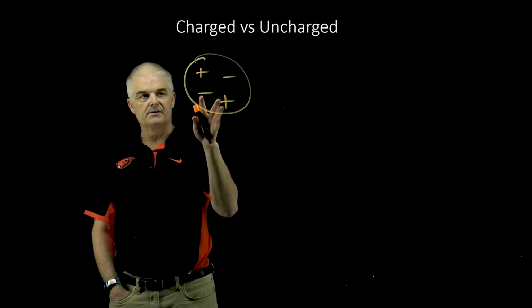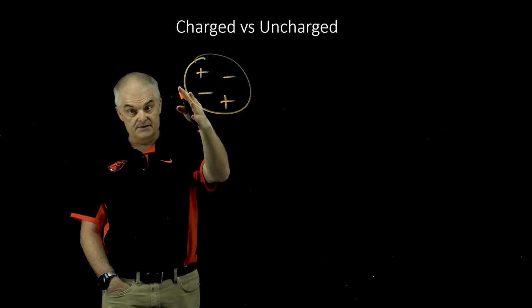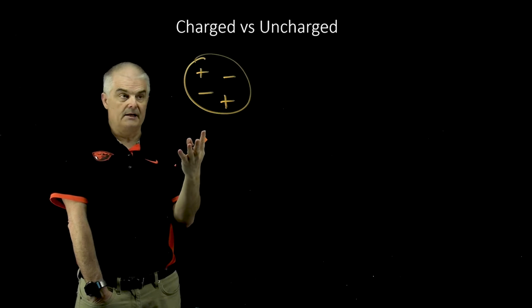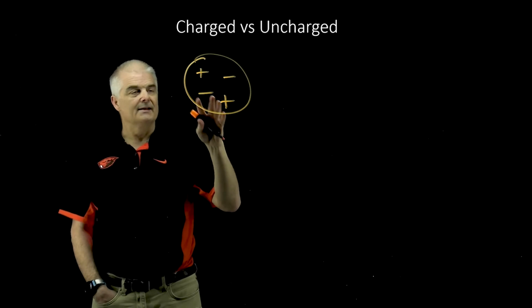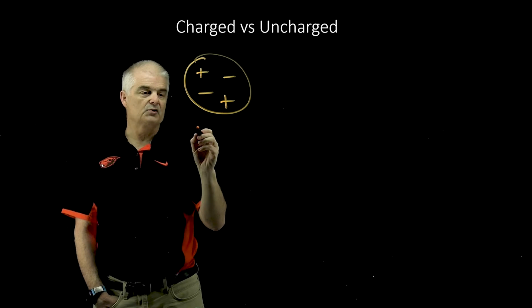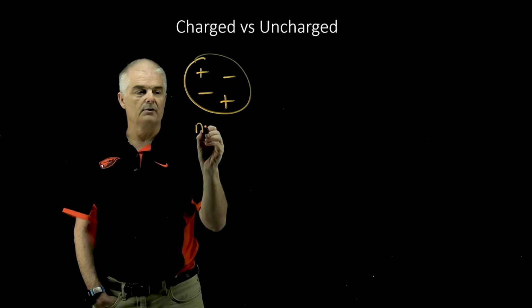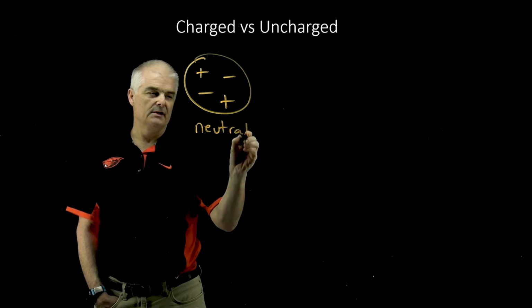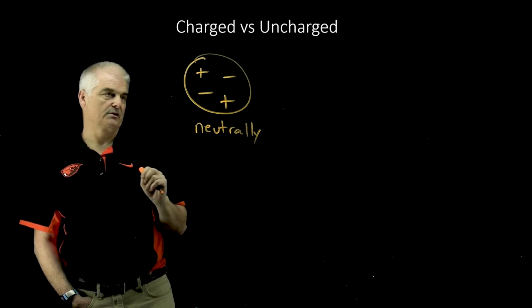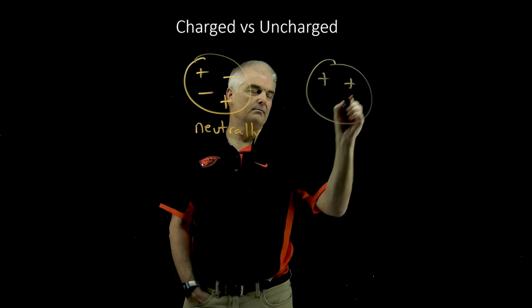So let's take an example of an atom that contains positive and negative charge. All atoms have positive and negative charge. Now in this case, this would be like two protons and two electrons. This one would be what charge? This one would be neutrally charged because you have an equal number of positive and negative charges. And what about this one?